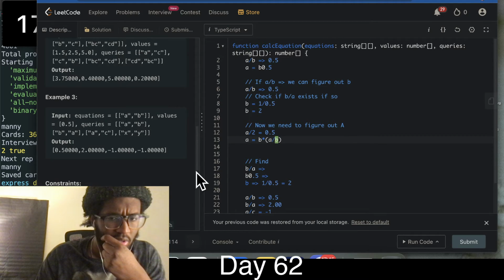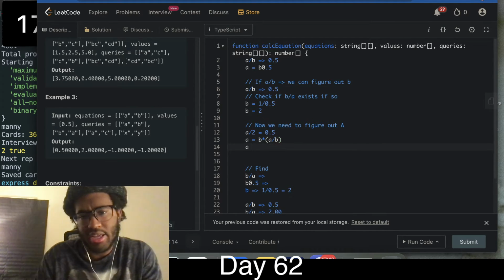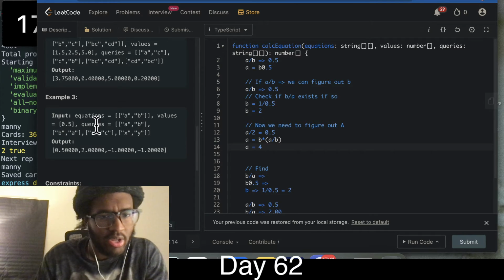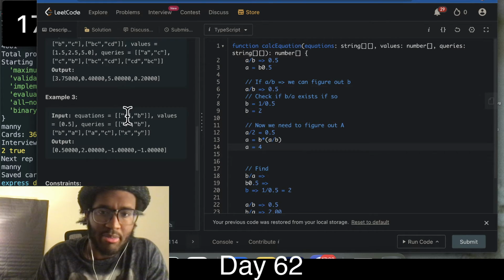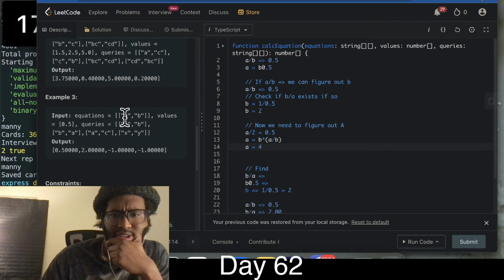So if we do, it should mean that a is equal to 4. So if we do 4 divided by 2, we get a is equal to 4.